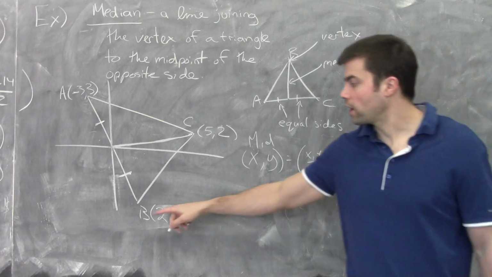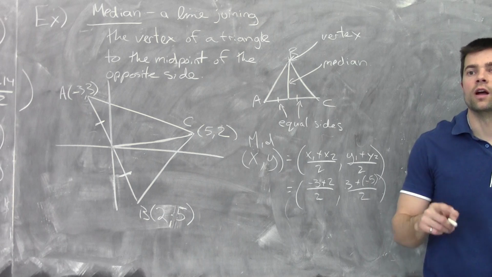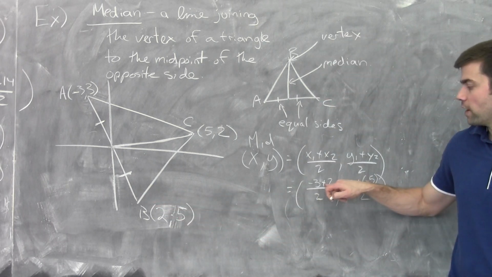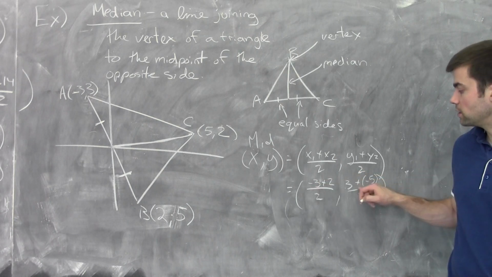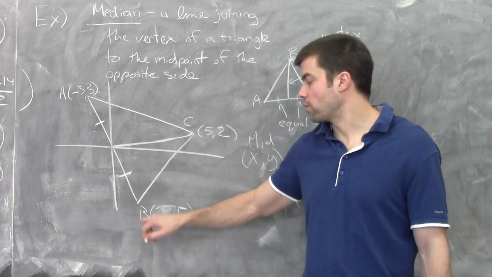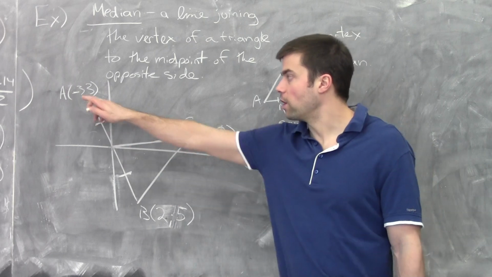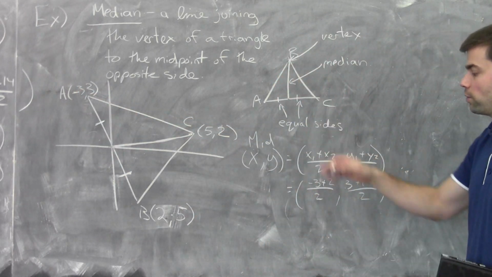Does it matter which one I call y1 and which one I call x2? No, it doesn't matter, because we're adding. It doesn't matter if I add negative 3 plus 2 or 2 plus negative 3, as long as I'm consistent with my x's and y's. If I call this x1, I have to call this y1. If I call that x2, that has to be y2. But it doesn't matter which one I call which.